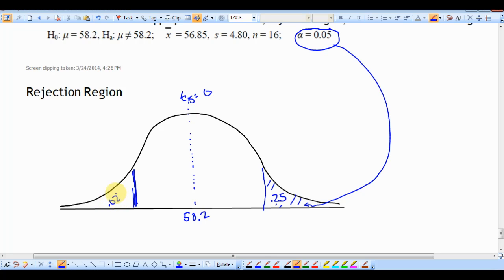The alpha level is 0.05, so each tail is 0.025. The two tails together must add up to 0.05.